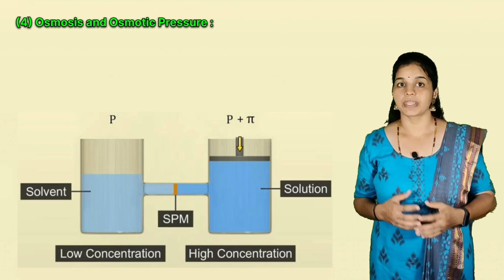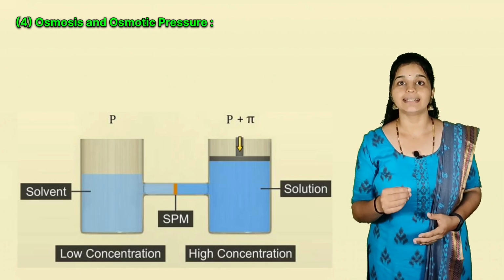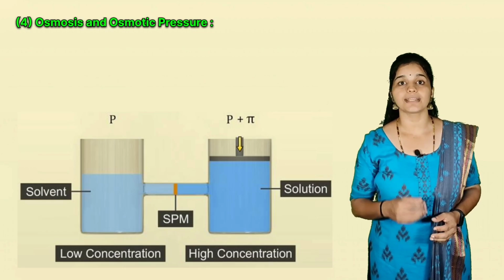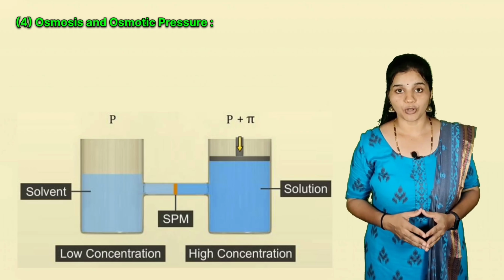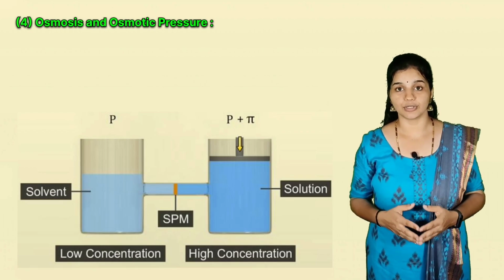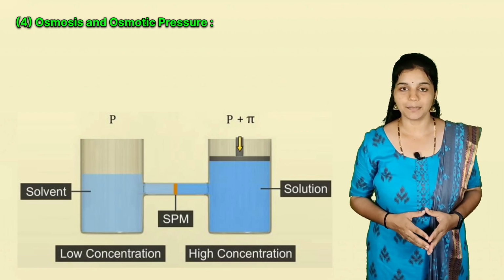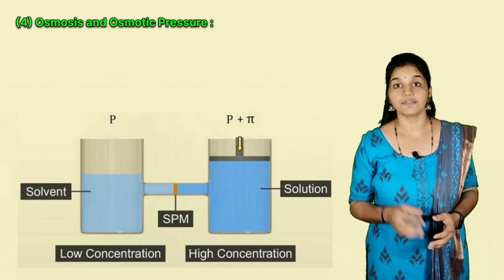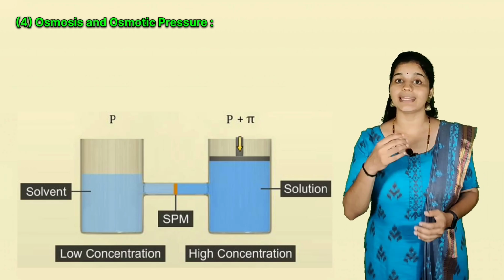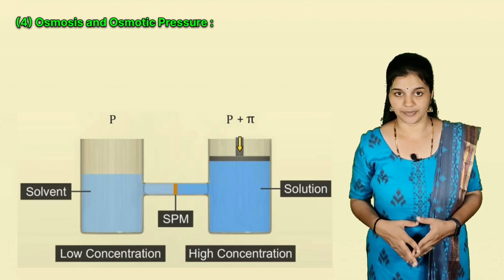Observe the diagram here. We have a solution and its pure solvent separated by a semi-permeable membrane. Solvent molecules will pass to the solution side through the semi-permeable membrane. To stop this flow of solvent, we have to apply some extra pressure on the solution side.